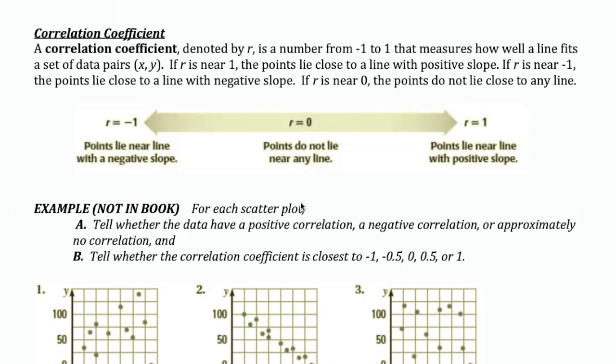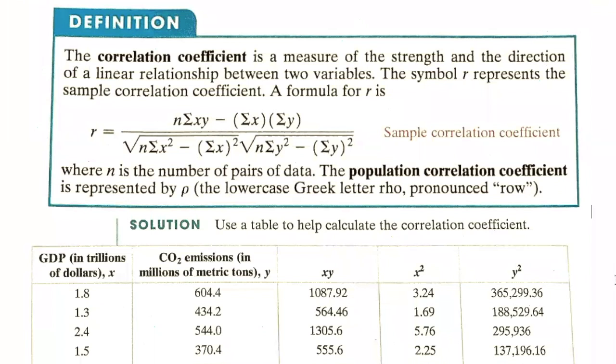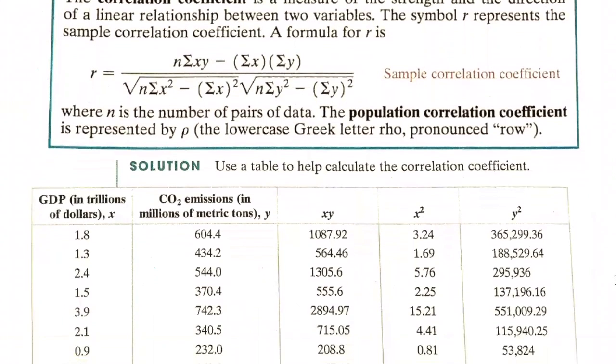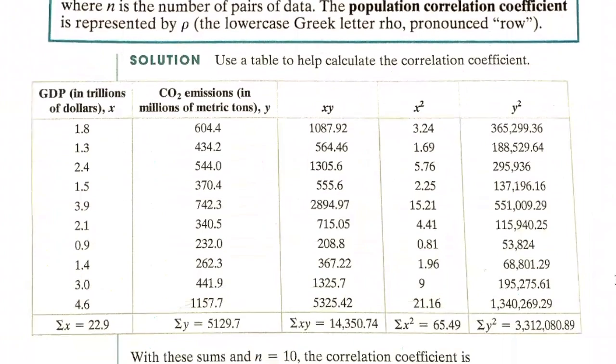So when we graph a scatter plot, one thing to do is simply to look at it and judge to see if it looks like the data is linear. But to get more specific, we can judge the strength of that linear relationship using correlation coefficients. In your textbook, it does teach you how to find correlation coefficients by hand.